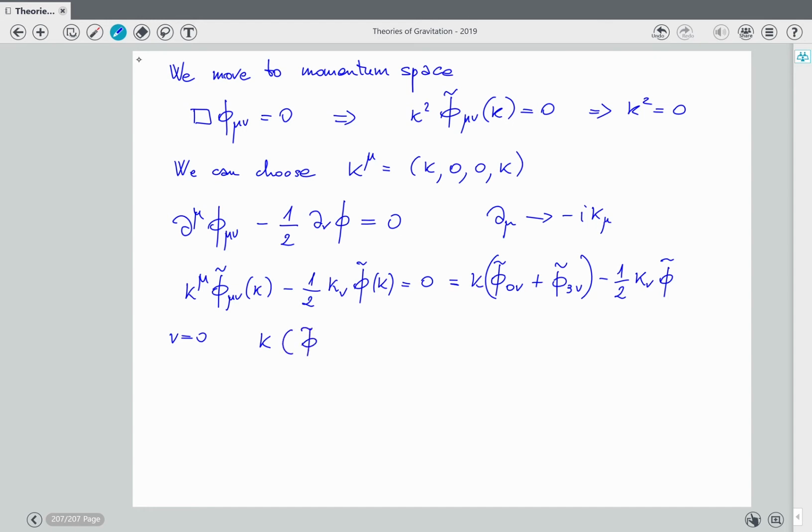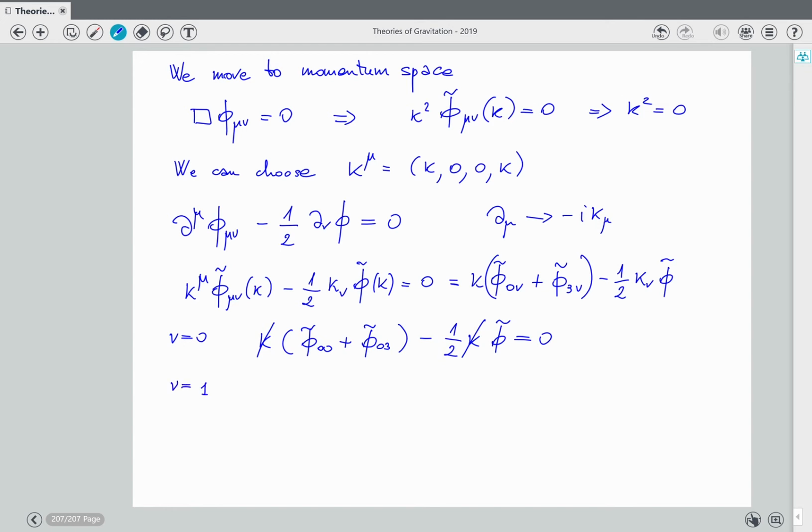You have phi tilde 0 0 plus phi tilde 0 3 minus 1/2 k nu, lower indices, that's k again, phi tilde. Because the first component is k, k will always go away. You have a certain relation between the components that eliminates one component.